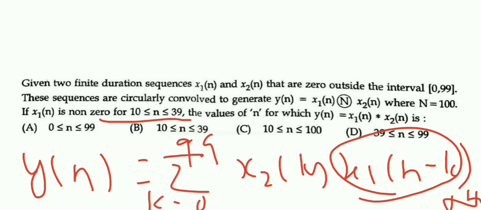So we keep x2 of n stationary and move x1 of n. That's why I have put x2 of k, x1 of n minus k, not x1 of n and x2 of n minus k. So now we have to find for what values of n linear convolution and circular convolution are the same. Now we go to the problem.